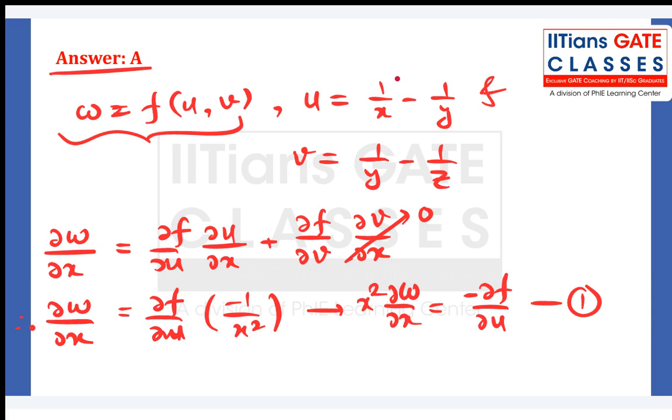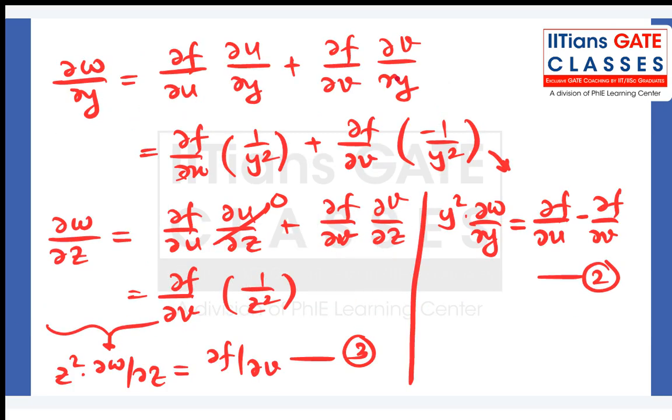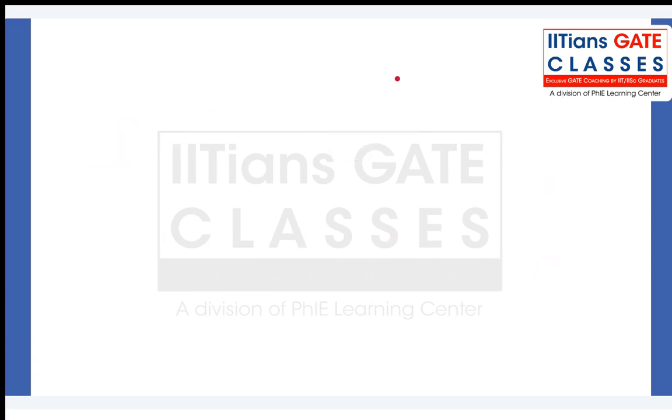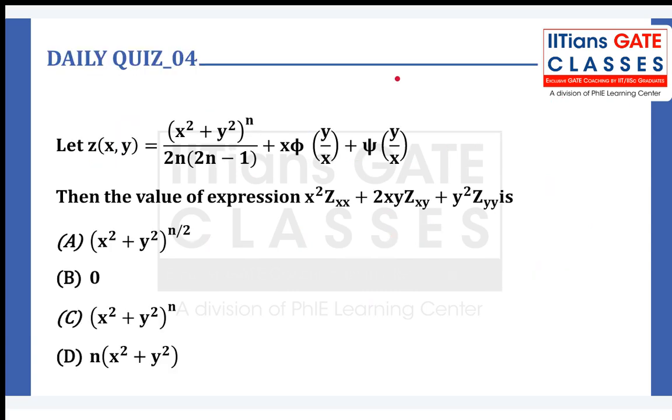Nice question. So let's move on to the next question, which is also one of the even better questions as far as competitive exams are concerned. In this question they have given you a z function, which is a function of x and y, and it has three parts.